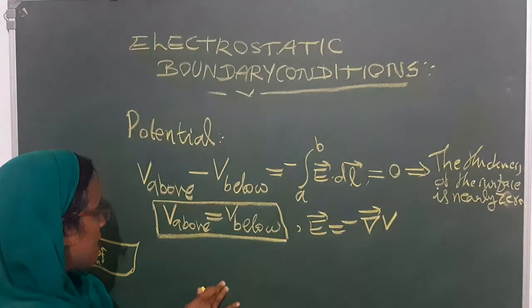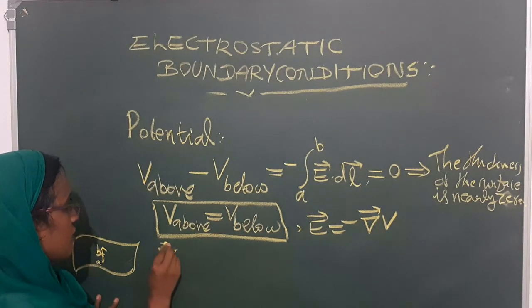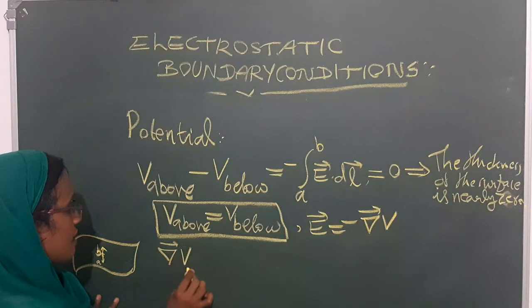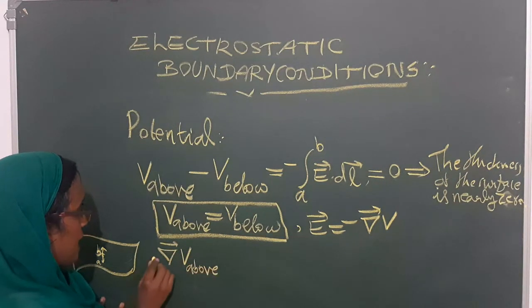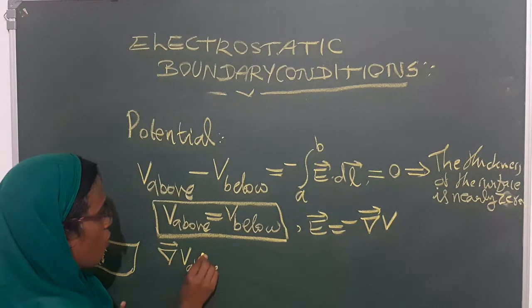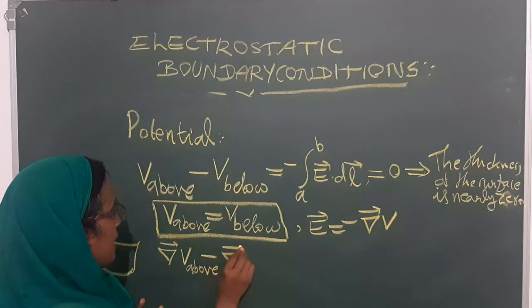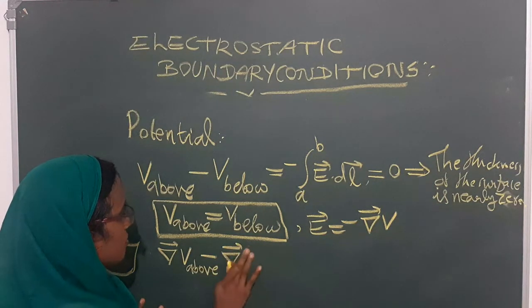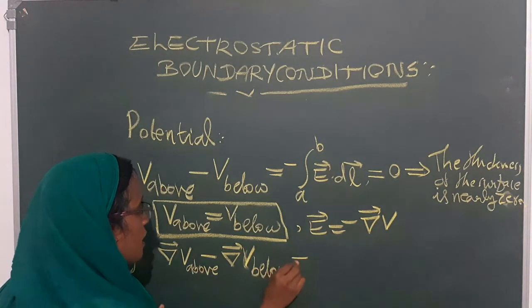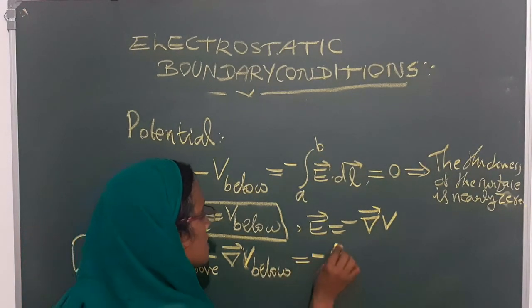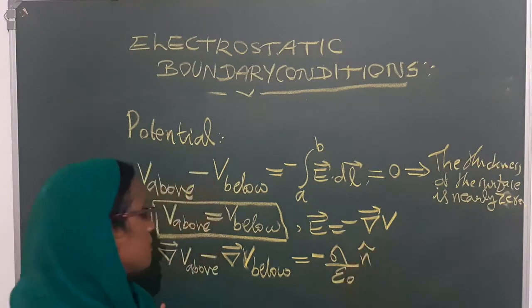That means gradient of V above minus gradient of V below is equal to minus sigma by epsilon 0 n cap.